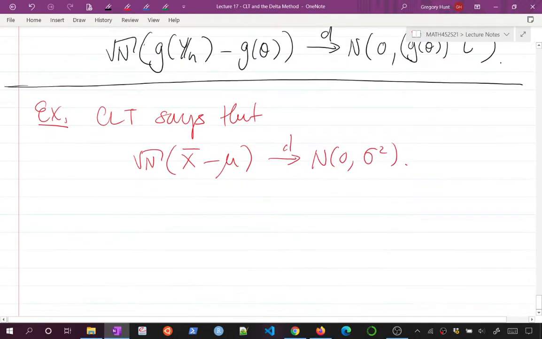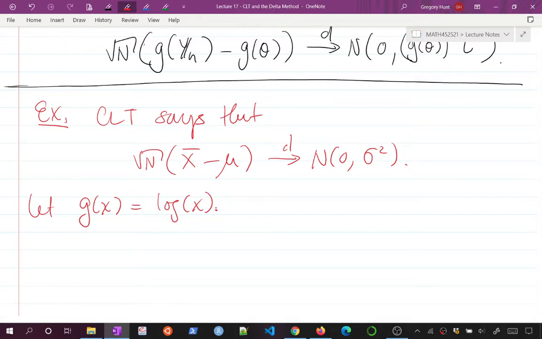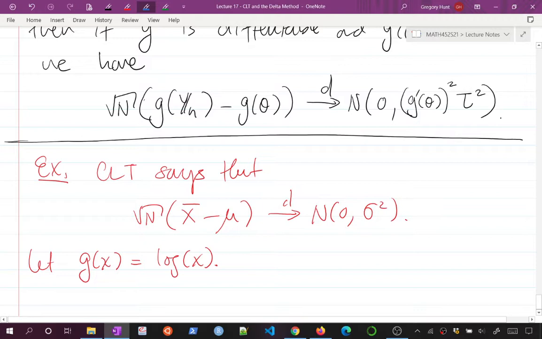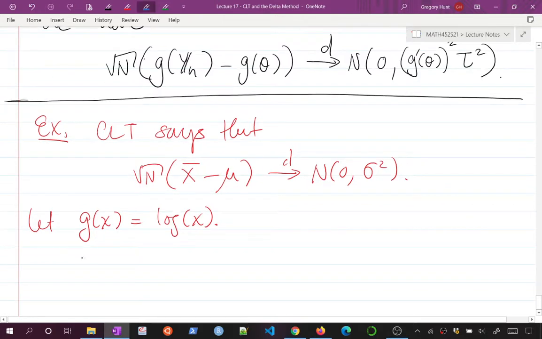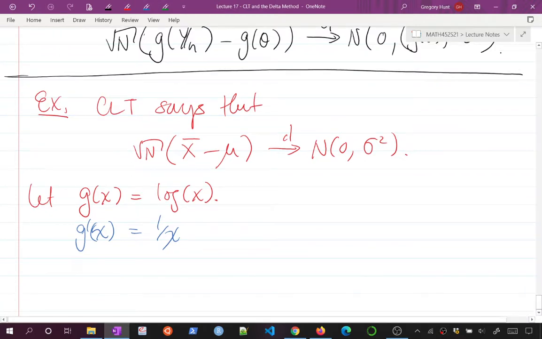And let g of x be log of x. So the question is, what can I say about the asymptotic distribution of log of X bar? Well, the delta method says all I need to do is figure out what my derivative is. g prime of x is 1 over x, and that's not 0, which it won't be for any real number.